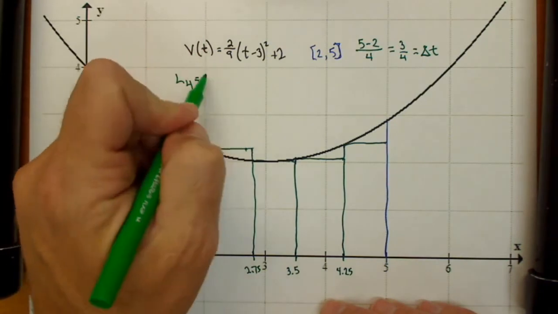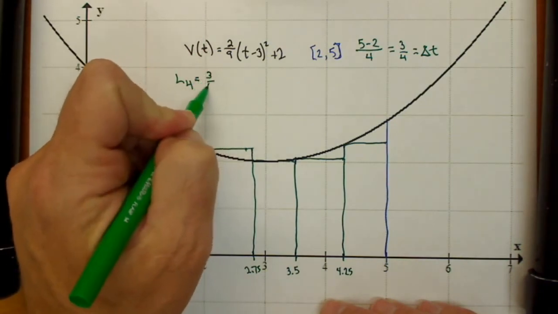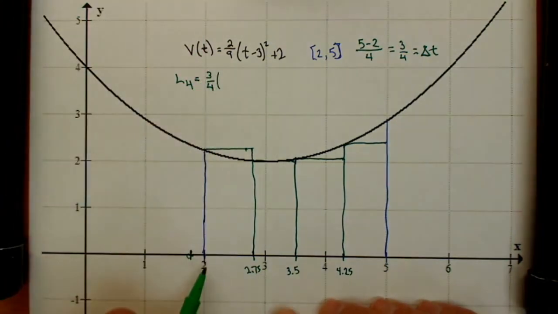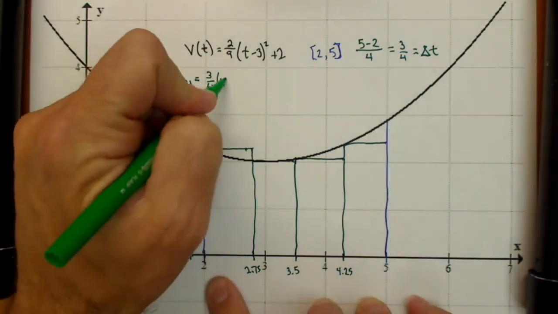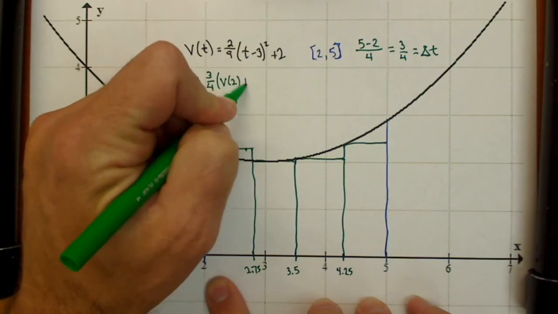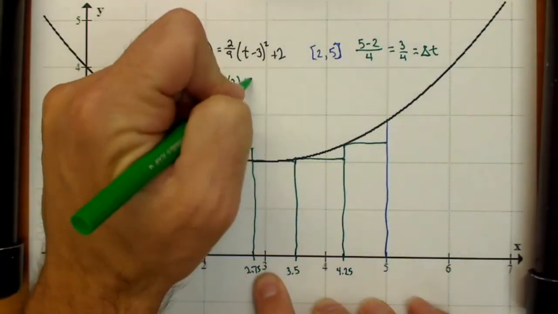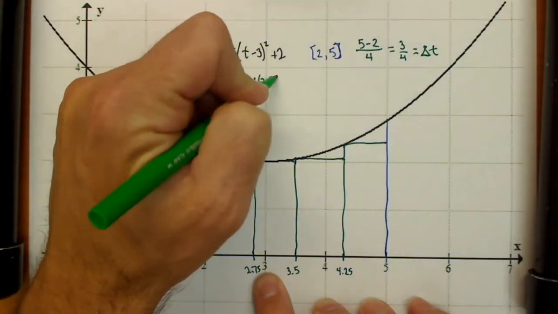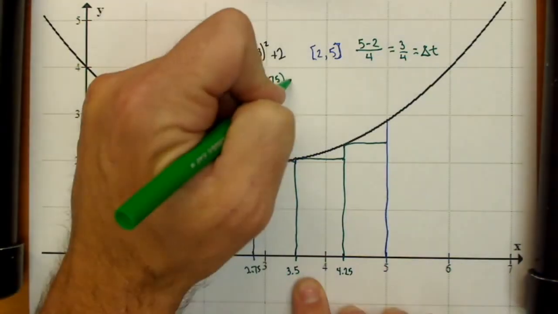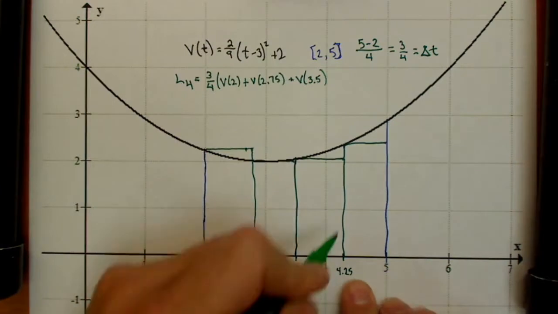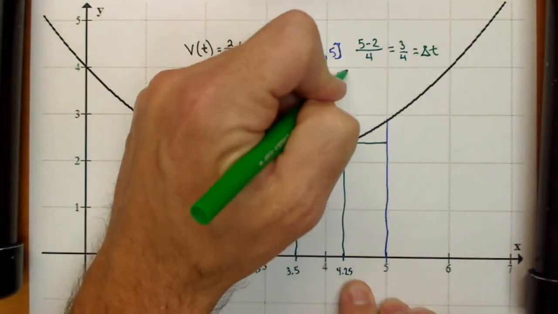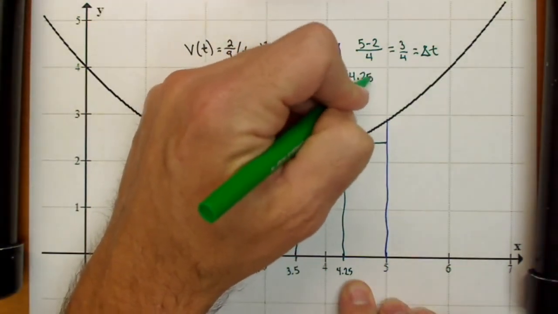So we're going to have our delta t, which is 3/4, times our function evaluated at each left-hand endpoint. So v of 2 plus v of 2.75 plus v of 3.5 plus v of 4.25.